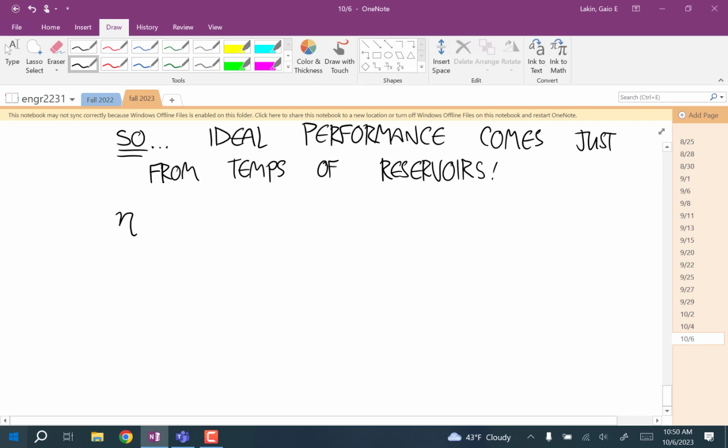For the power cycle, we express the coefficient of performance, the efficiency, as 1 minus QC over QH. And that means that the ideal efficiency for a power cycle is 1 minus the temperature at the cold reservoir divided by the temperature at the hot reservoir.